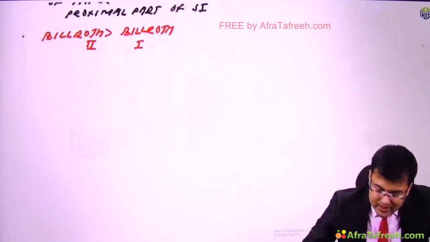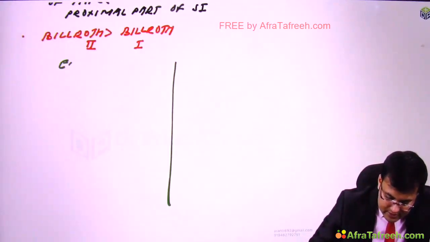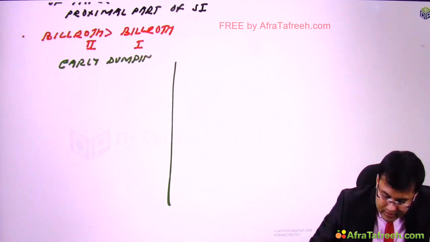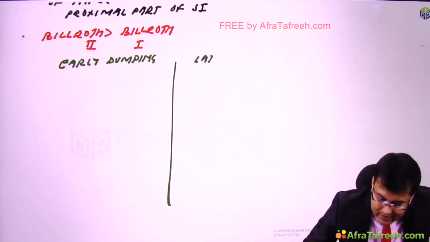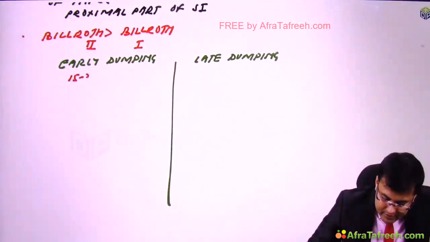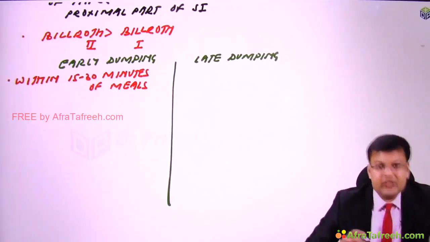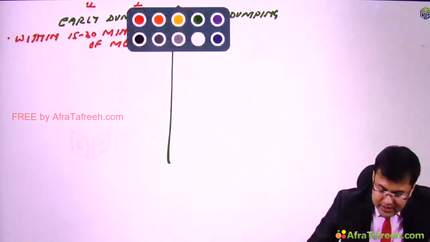So it is of two types. First is early dumping, and second is late dumping. Early dumping is seen within 15 to 30 minutes of meals. What's the cause here?